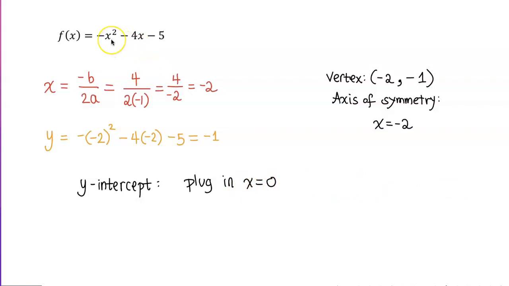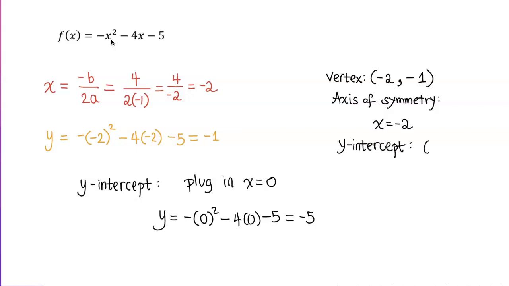So let's plug 0 into the function. y equals negative 0 squared minus 4 times 0 minus 5. The first two terms will just go straight to 0, leaving us with negative 5. So we have a y-intercept of 0, negative 5.